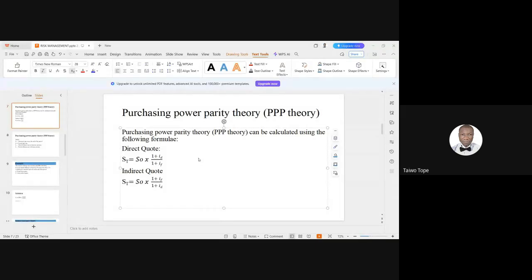So can you solve for the indirect quote? What is the result? Approximately 243.1. Okay. Take note of the indirect quote of the spot rate.